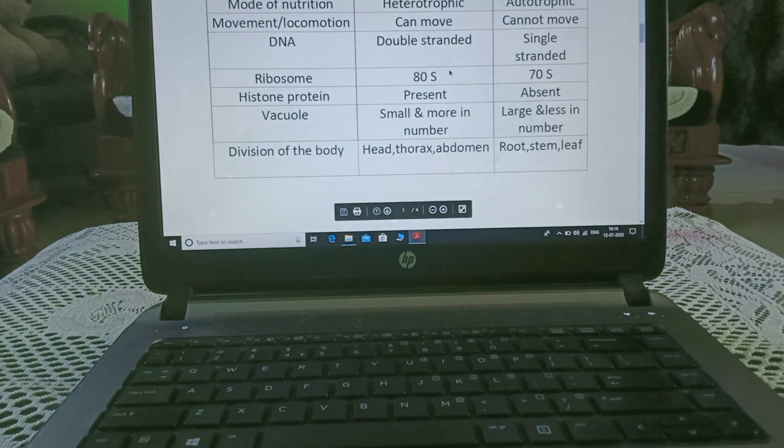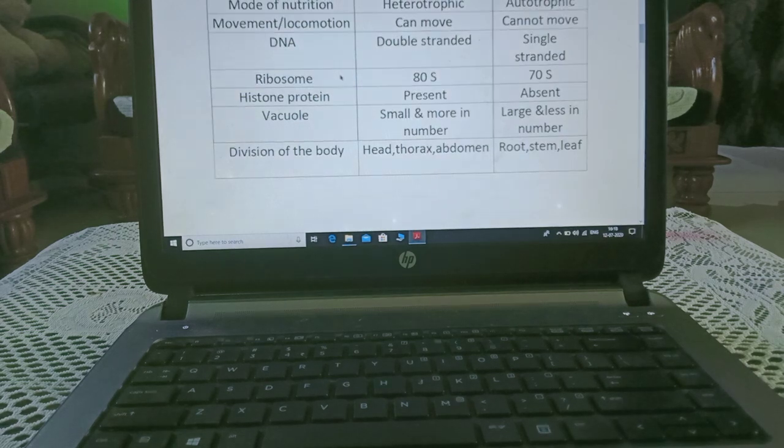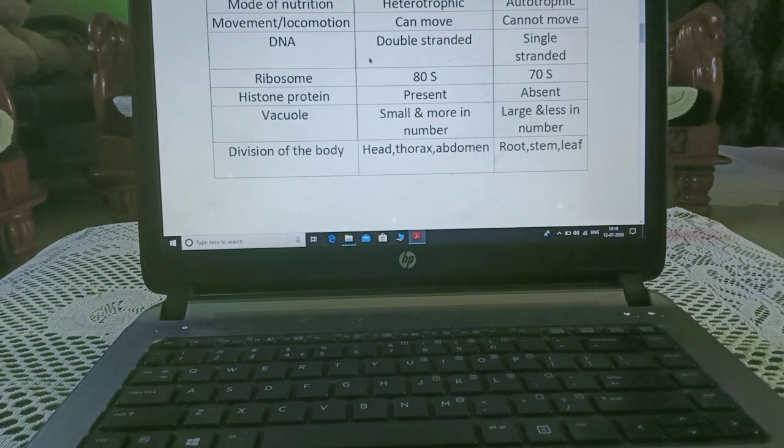Ribosome: 80S in the animal kingdom and 70S in the plant kingdom. Histone protein is a particular type of protein which is present in DNA. So where double stranded DNA was there, histone protein was present, and here histone protein is absent.